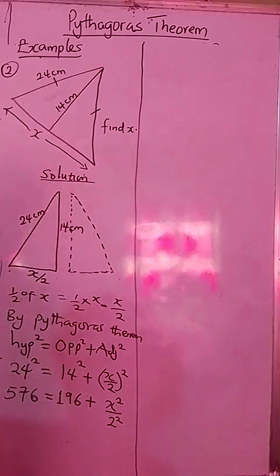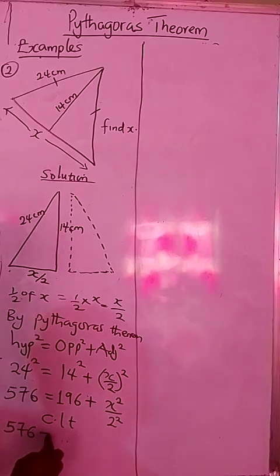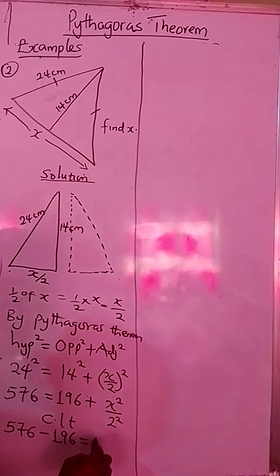So let me collect like terms. I will have 576 minus 196, so 196 will come to this side to change sign, equals to x squared over 2 raised to the power 2, which is 2 times 2, so that's 4.